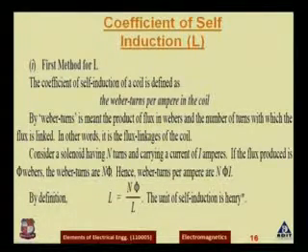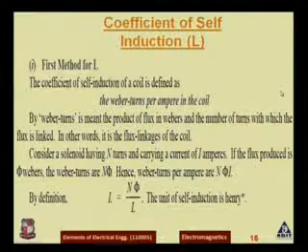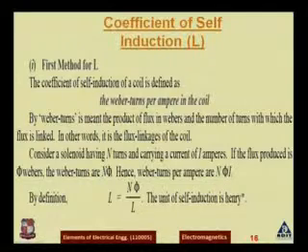In the first method, we can say that the coefficient of self induction of a coil is defined by the Weber turns per ampere in the coil. By Weber turn is meant the product of flux in Weber and the number of turns with which the flux is linked. In other words, the flux linkage of the coil is also defined as the coefficient of self inductance.